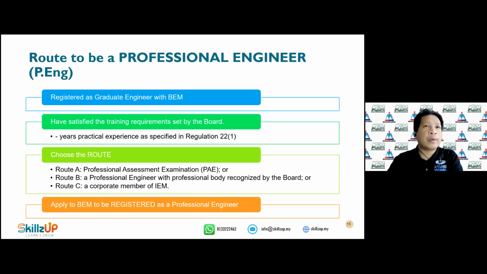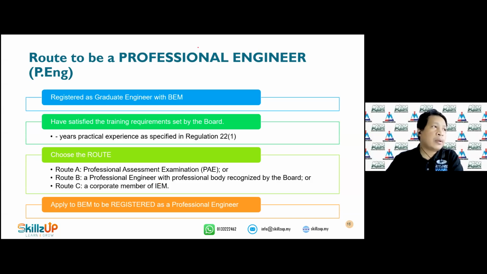Sometimes people, over the years, for example working with a multinational company, suddenly find out that they can apply for professional engineer, but looking back, they are not registered with the qualification, and therefore the experience they have gained in the past is not counted toward the requirement to apply for professional engineer, right?